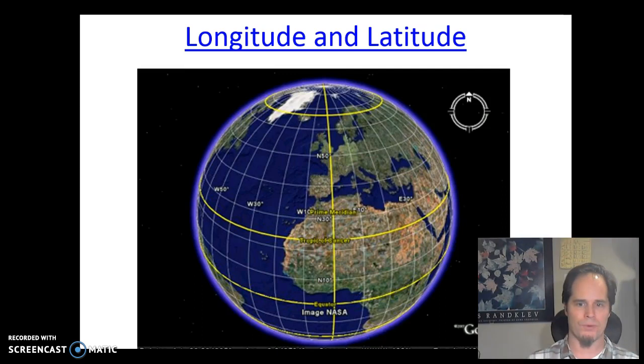And of course these parallels don't actually exist on the Earth. They are inventions that geographers have used throughout time to help understand and distinguish distance and locations on Earth's surface. But it's worth noting these parallels of latitude circumvent the Earth at different degrees latitude.